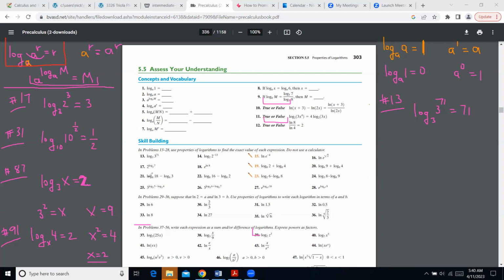How about 17? That's the one that I wanted to find in the previous section and couldn't, but now it's here. So I have 2 raised to the power of logarithm base 2 of 7. The base of the logarithm and the exponent are the same, so they just go away and we get 7 left. And this is it. I guess that's nice to realize, right?